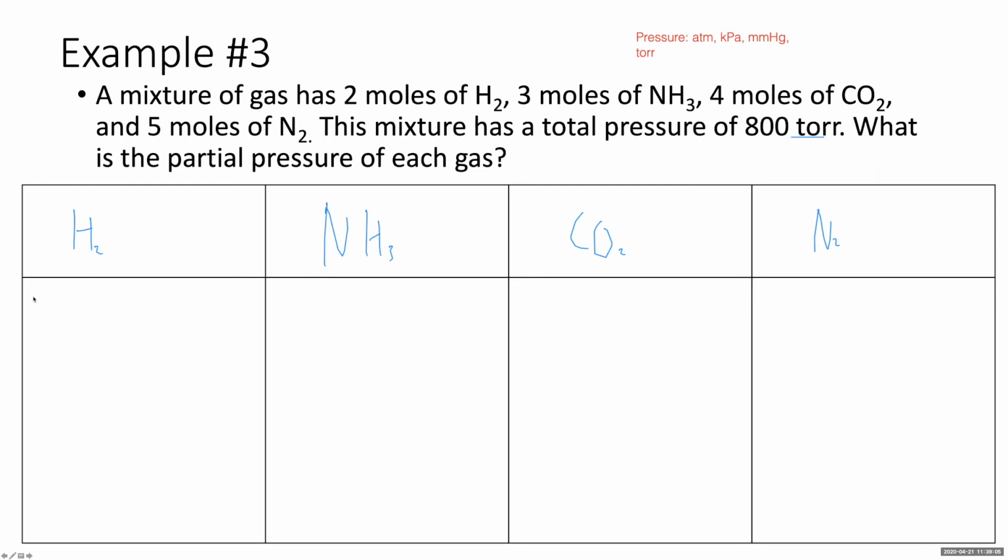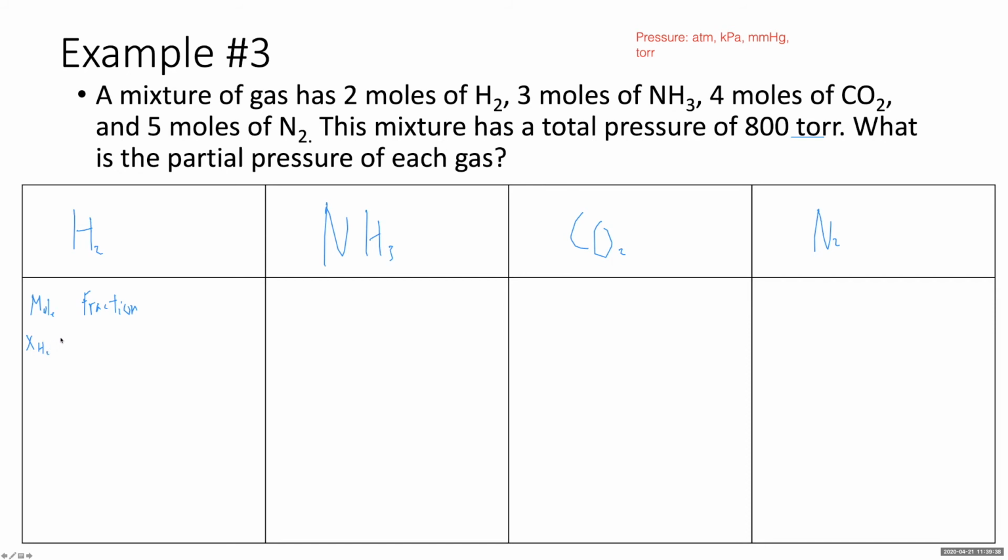Hydrogen gas. The first part is going to be the mole fraction. So mole fraction, guys. We'll call it X of H2.